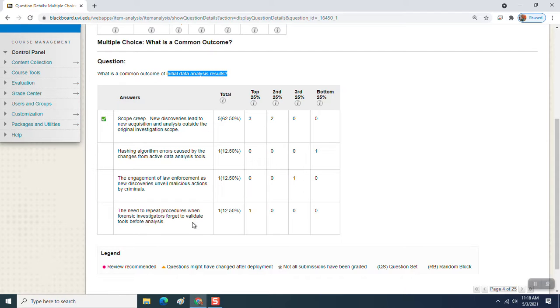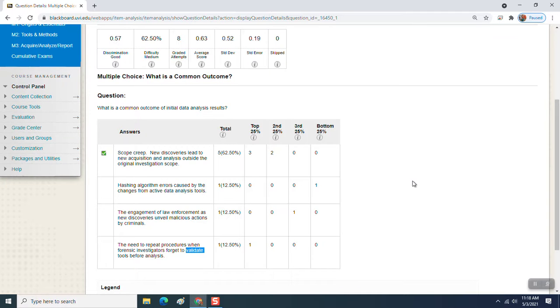It's not that people are so goofy they don't validate and verify. That's not a common outcome. That's an undesirable outcome, and the professional career prospects for someone who has that issue are typically short-lived. But in any case, that's not a common outcome.